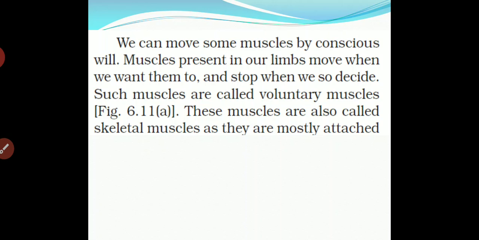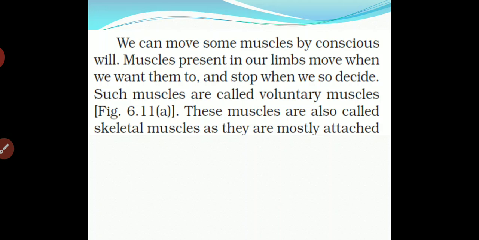To and fro means what? Forward and backward, and we can also stop it easily on our own. So muscles present in a limb can be moved by our own decision. It is under the control of a human being. Such muscles are called voluntary muscles.